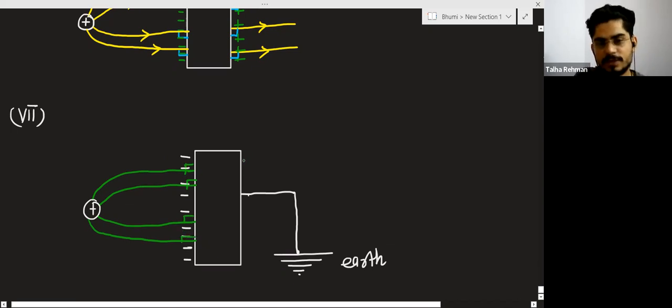Now here there is no charge, so no electric field line will emerge from this side, as in this case.